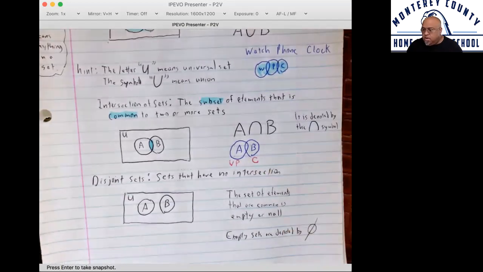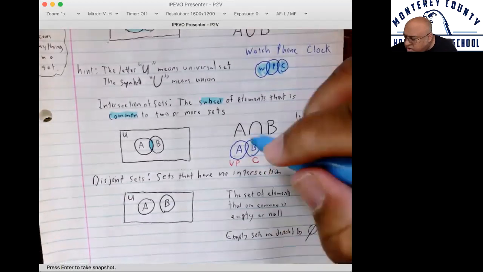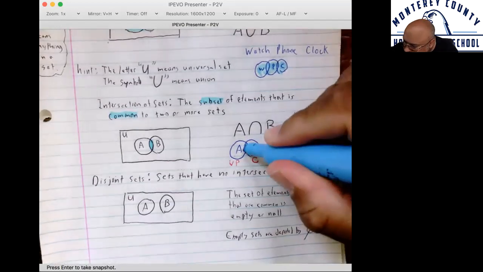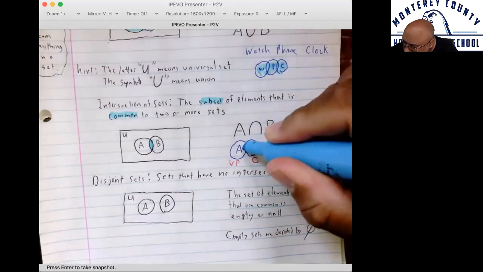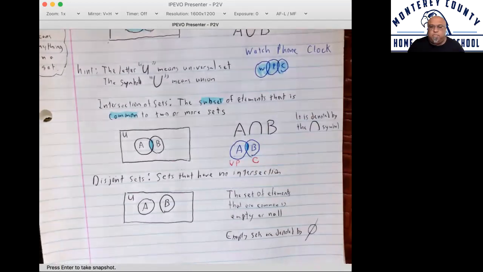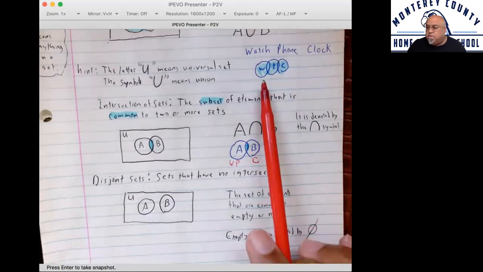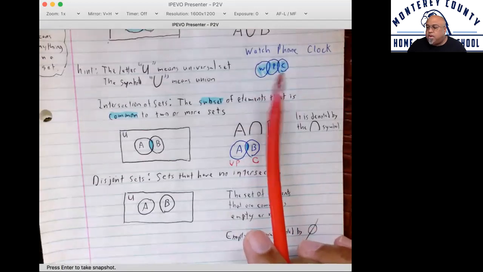Now, the intersection of set A and set B is that these devices all tell time. A clock tells time, and a watch and a phone tell time, but in this case, I created the sets. The first time I talked about the sets, the union of the sets was, by my definition, things that tell time.